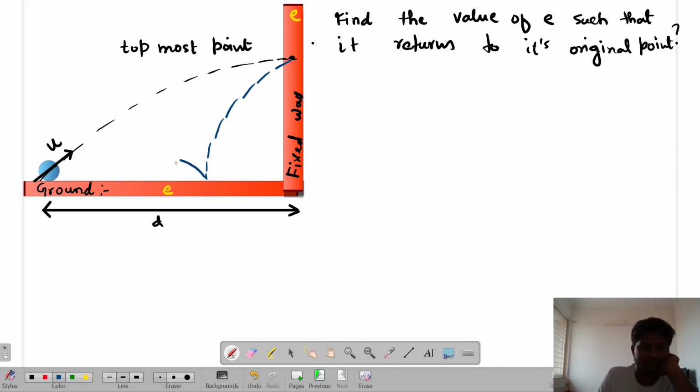Then from here, it once again takes back the trajectory and it returns back over there. Original point means this point.